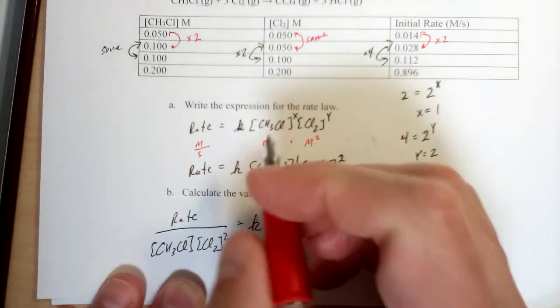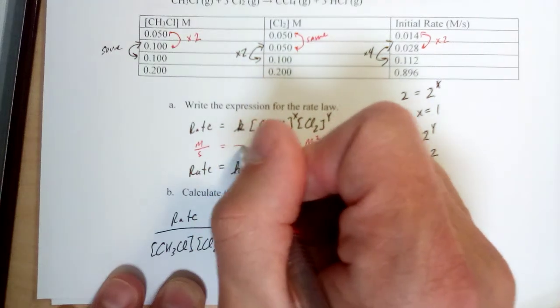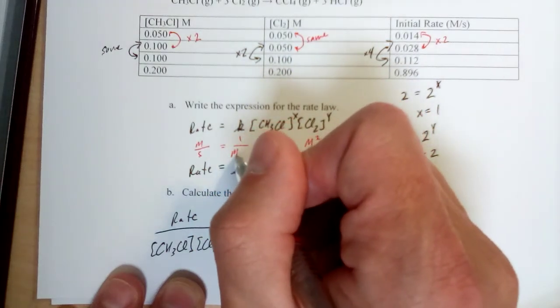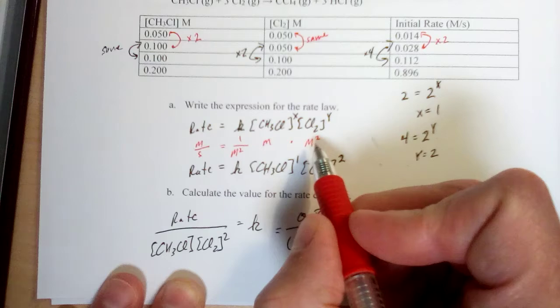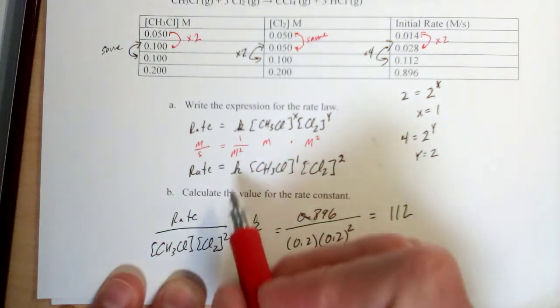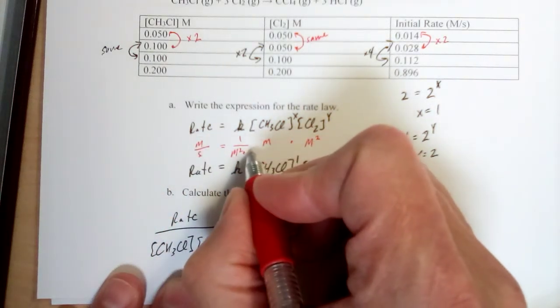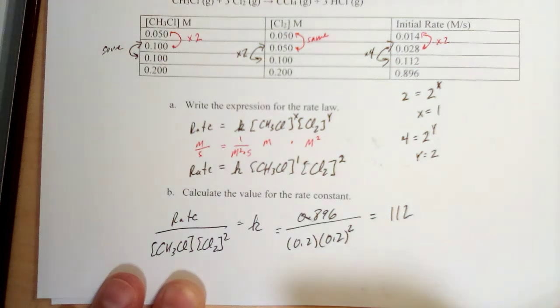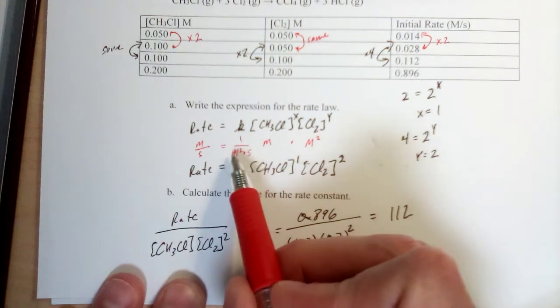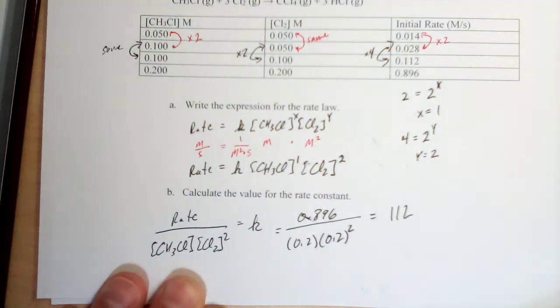That means we've got to cancel out 2 molarities in our units. So 1 over molarity squared would cancel out 2 of those molarities, so we just have 1 left to match what's on the left. We also get our time component from the rate constant. So the units on the rate constant are 1 over molarity squared seconds.